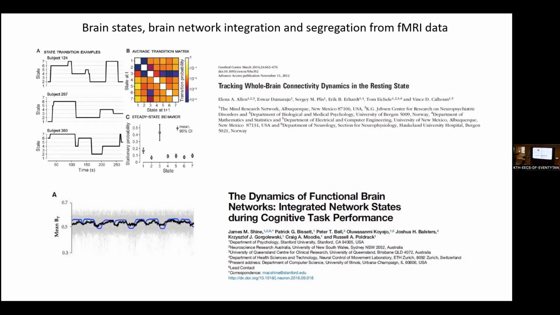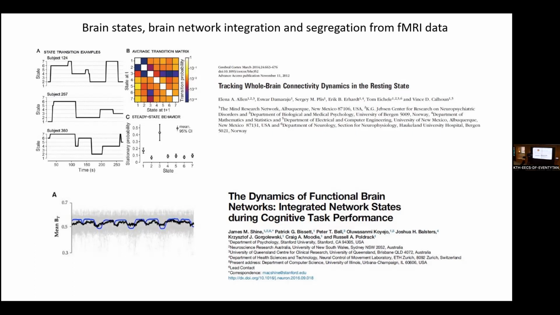And these are just two papers that have emphasized relating brain states, determined over time, to different states of integration and segregation between these networks that you measure with fMRI, for instance. So you see there is a discrete number of states. In this case, it's 7, and it changes over time.